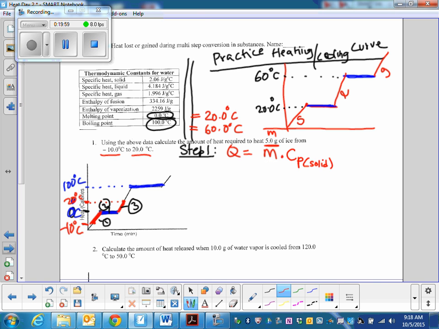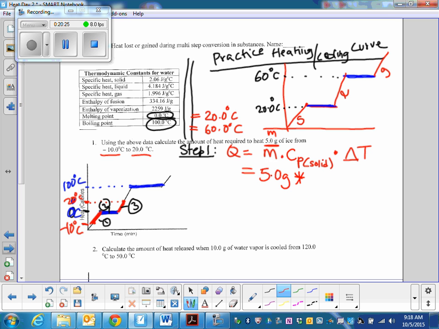Specific heat of solid times delta T. Are we good? It's m times specific heat of solid times change in temperature. There are two areas where you have to think. Alright? What is my mass? 5 grams. Is that correct? I will choose 5.0 grams.